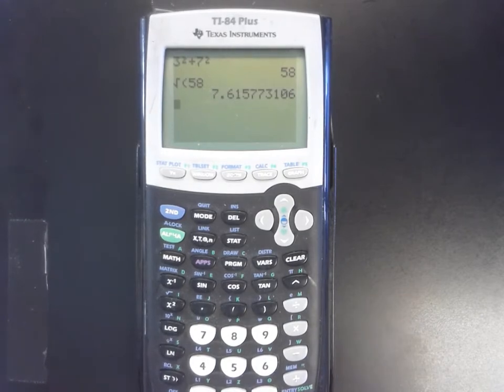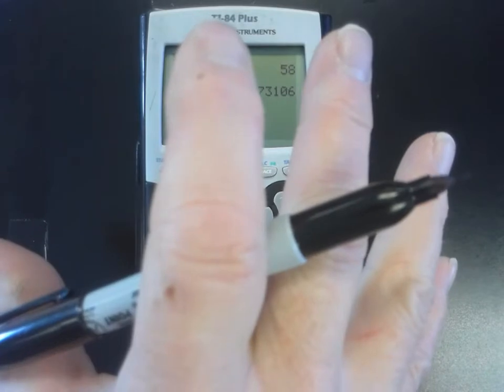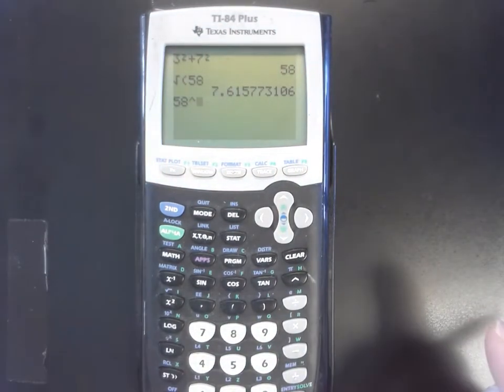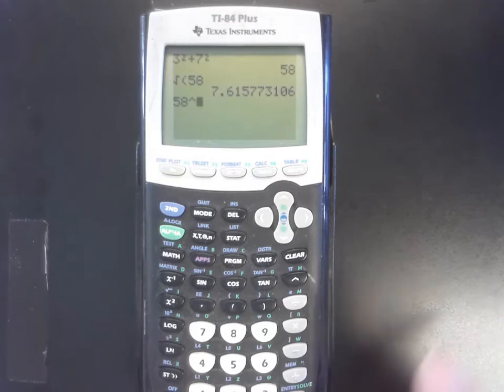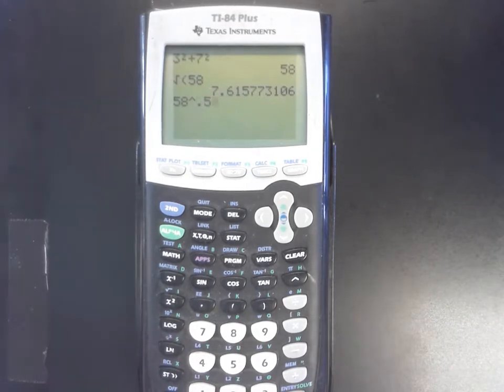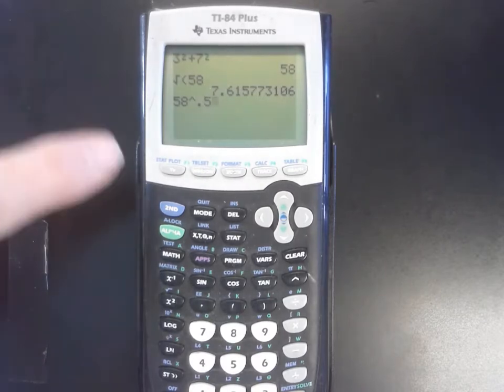Or if you've already got it in the calculator, you can raise it to what power? You guys remember? The 1/2 power. Raising something to the 1/2 power is the same as taking its square root, its second root. And a lot of times this can be a lot faster to do.